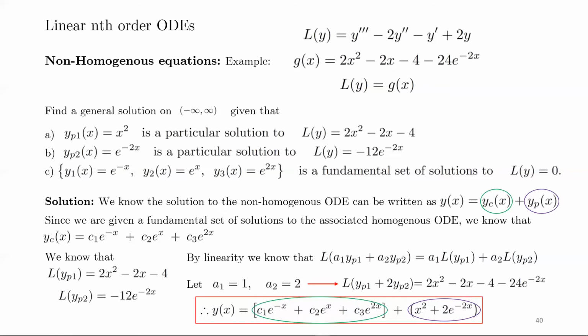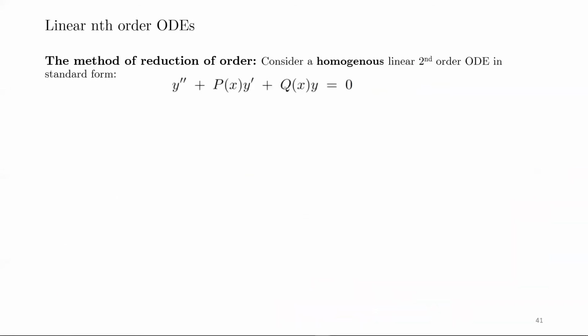So the first method we're going to learn to solve, in fact, second order homogeneous linear ODEs is going to be called the method of reduction of order. So consider this homogeneous linear second order ODE in what we're going to call the standard form.